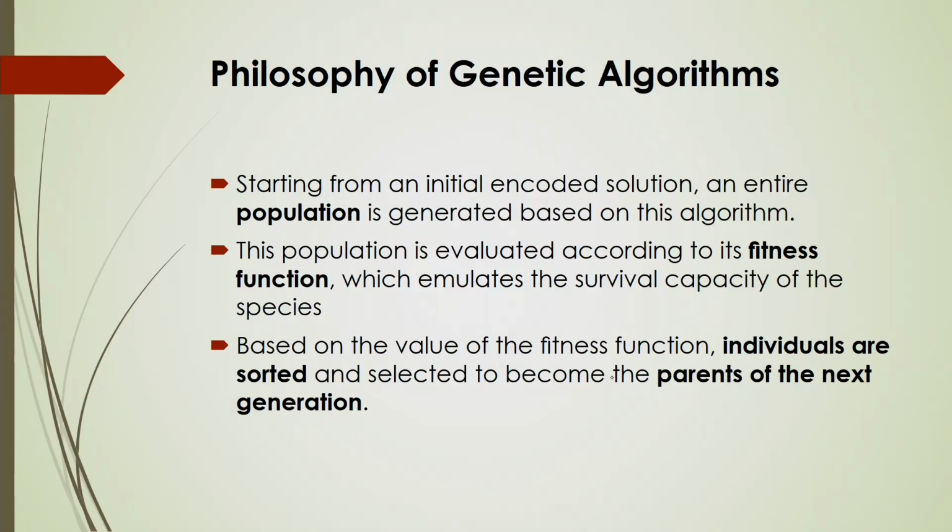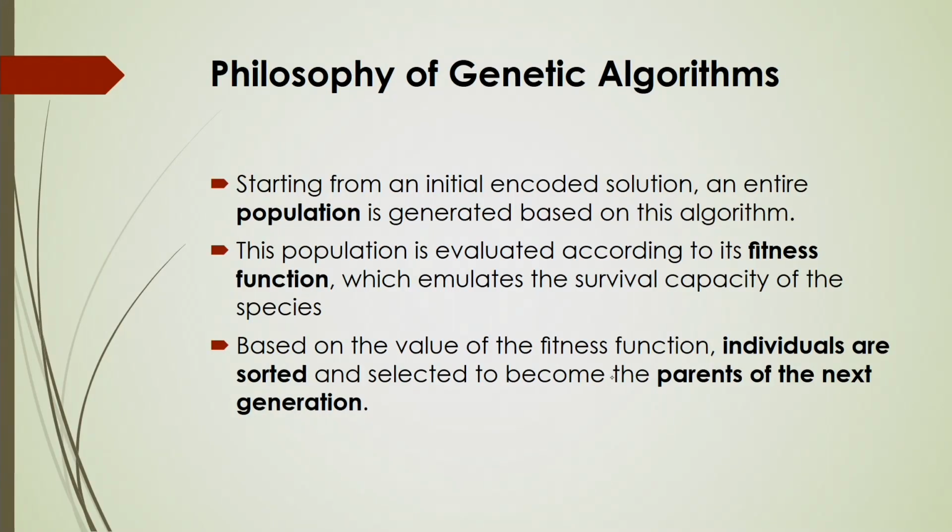This population is evaluated according to its fitness function, which emulates the survival capacity of the species. So, you have to select a fitness function that expresses the survival capacity of the entities in the population.